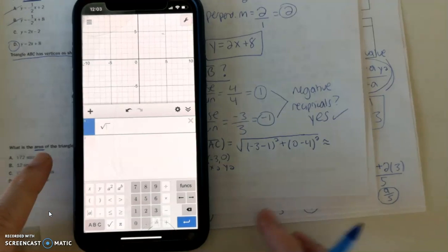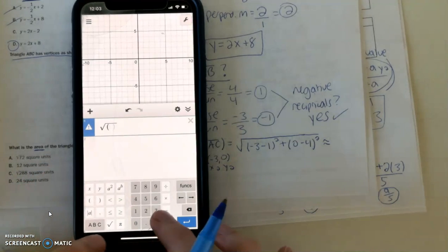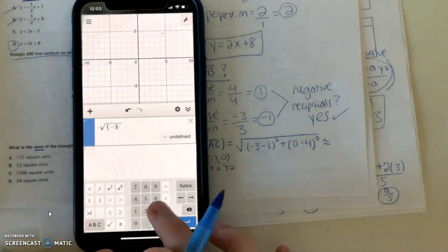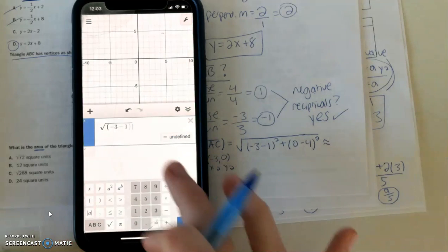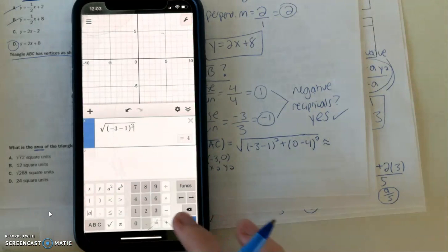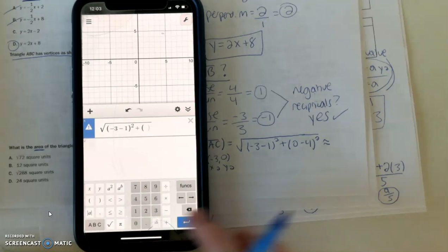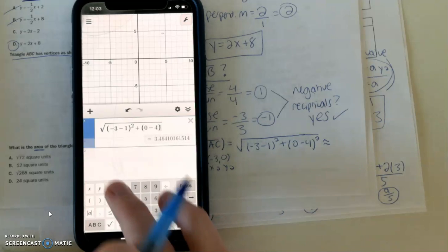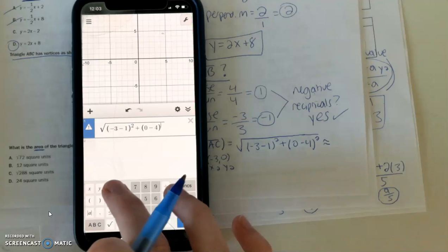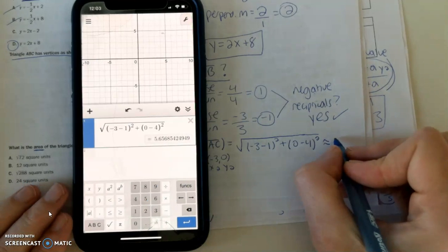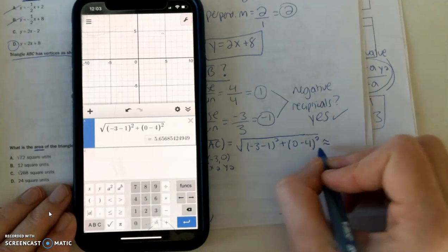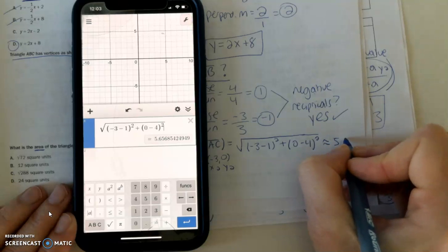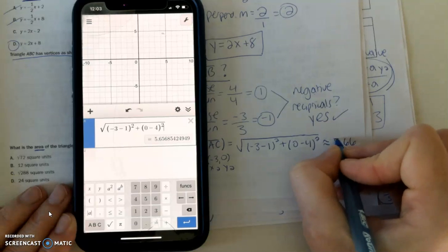So square root of, and on Desmos you use the subtraction sign for a negative. I know that's different from what we normally do in class. Plus 0 minus 4 squared. So that's going to give us an answer of approximately 5.66.